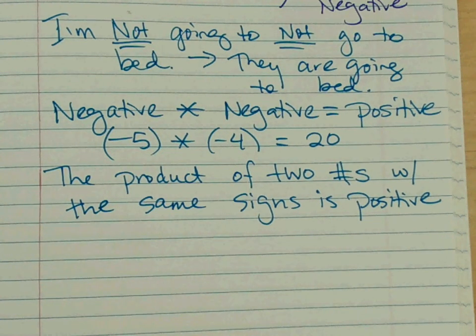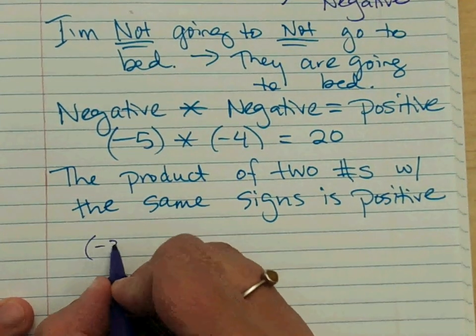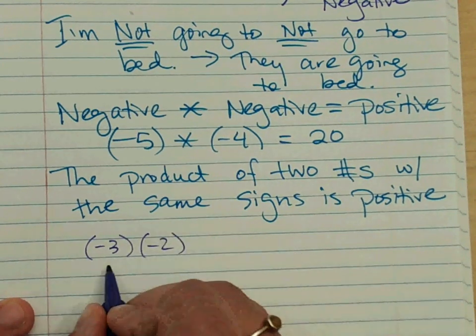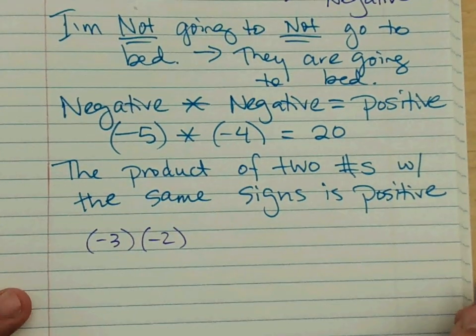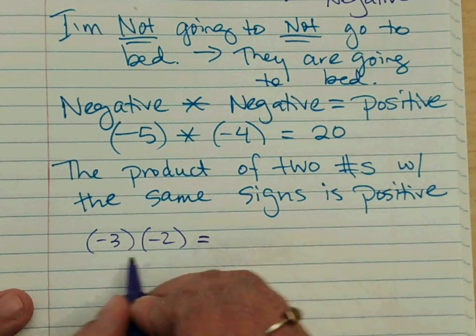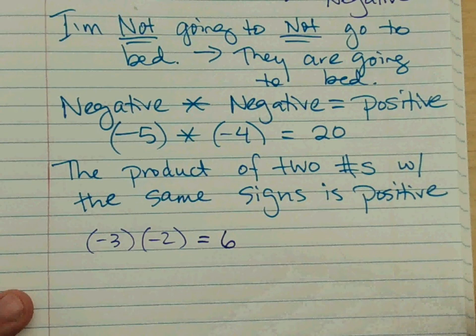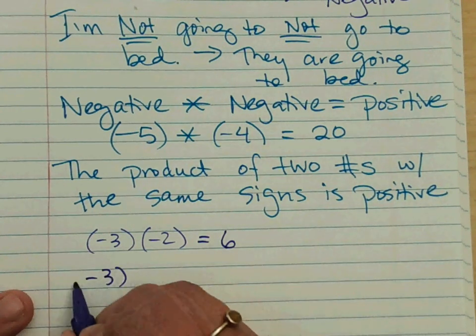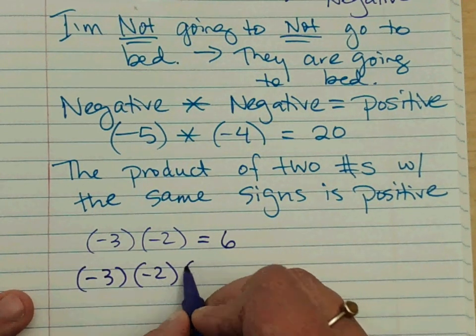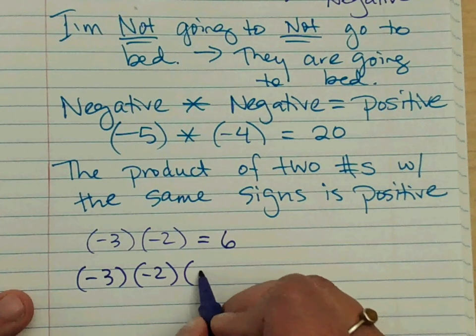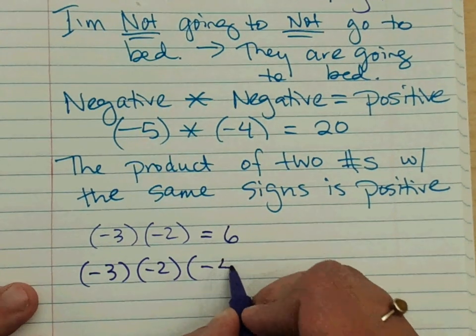Now what if we were to put in some more numbers in the mix? What if I had 3 negatives? So negative 3 times negative 2, what's negative 3 times negative 2? We're multiplying, right? So it'd be positive 6, right? What if I had negative 3 times negative 2 times another negative, negative 4?